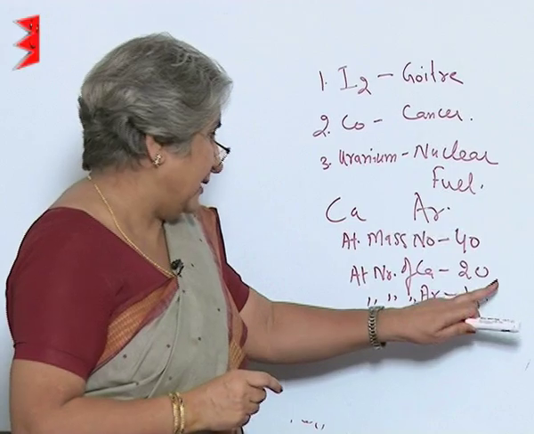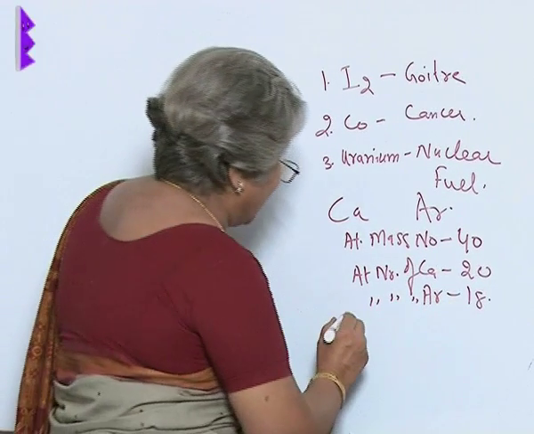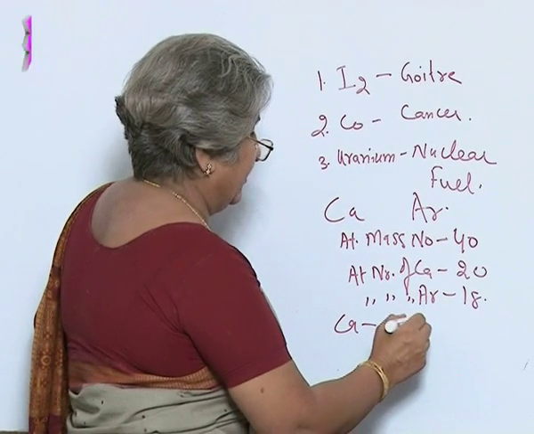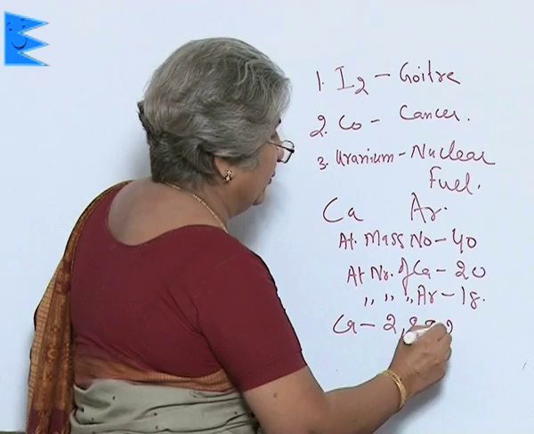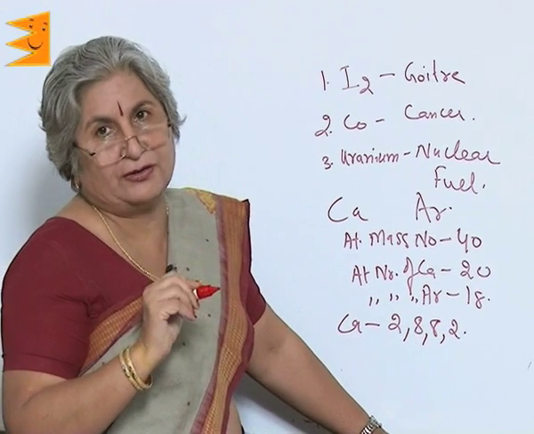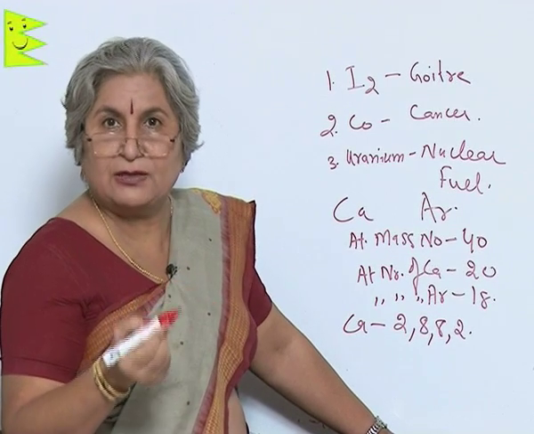Now, because the atomic number is 20, the electrons in calcium are arranged like this: 2, 8, 8, 2. So, the outermost shell has 2 electrons, the valence electrons are 2, and it loses those 2.